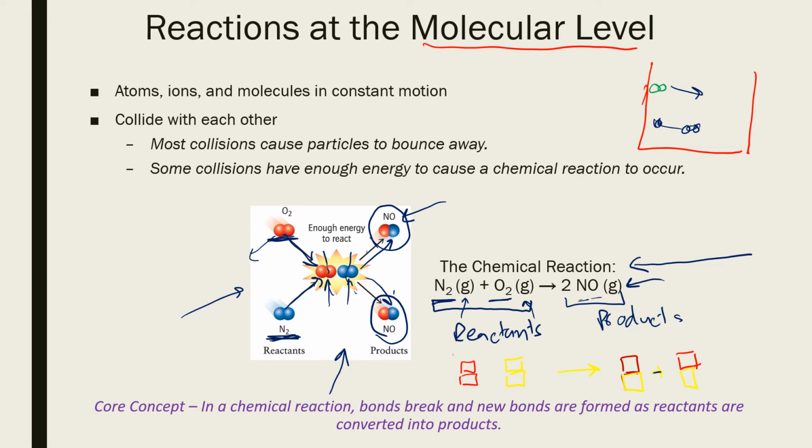So that's a good analogy. For example, if we have a set of two red Legos and two yellow Legos, you can see these are different designs or different molecules, but after they react, new designs or new molecules are formed, but they are made up of the same Legos which we started with.